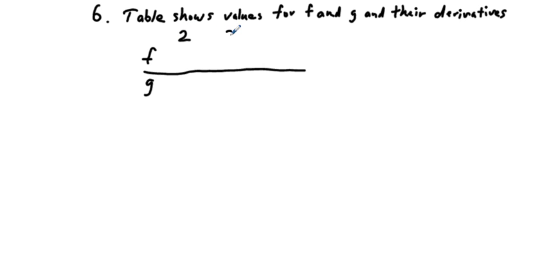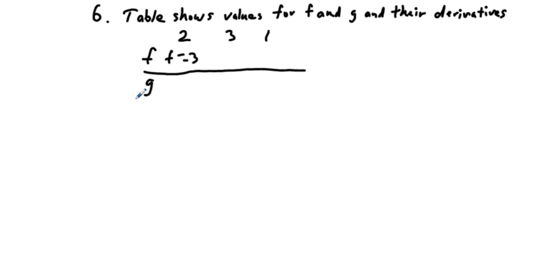2, 3, 1, and F. For F, you might say F equals 3, F prime equals... You're going to be given a whole bunch of information on this table, and you're going to be asked to evaluate what a derivative is using product rule, quotient rule, chain rule.